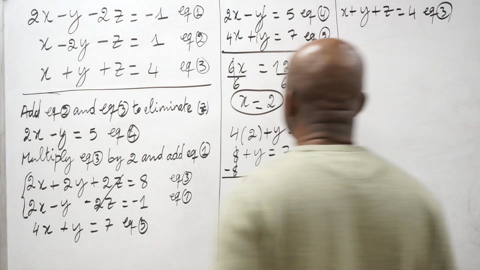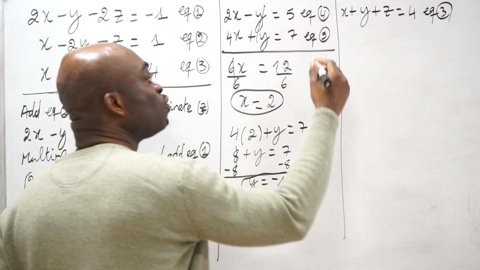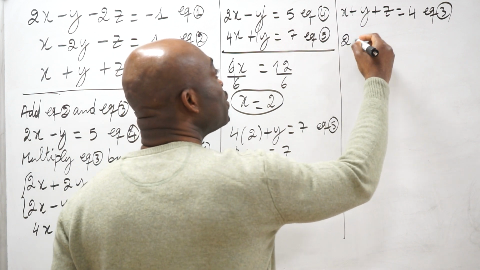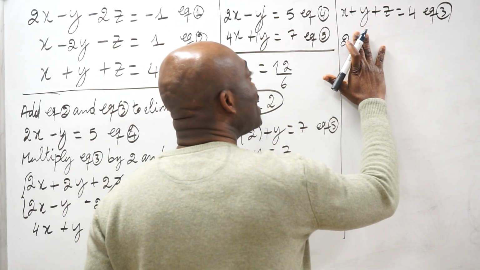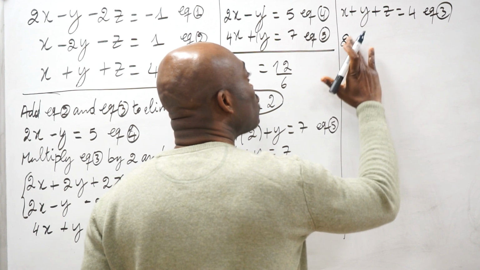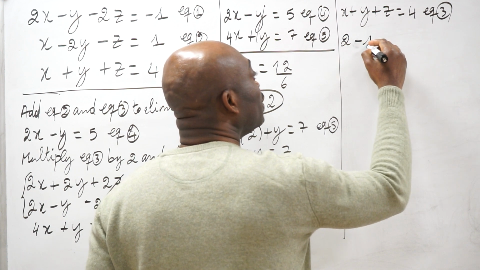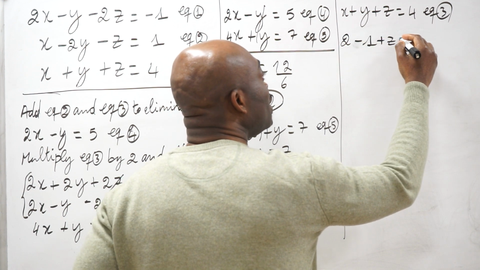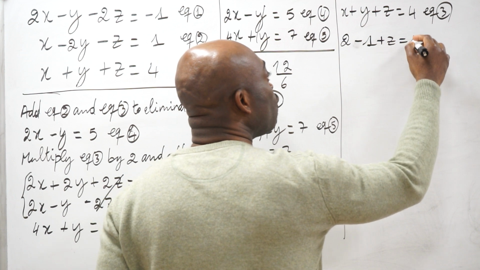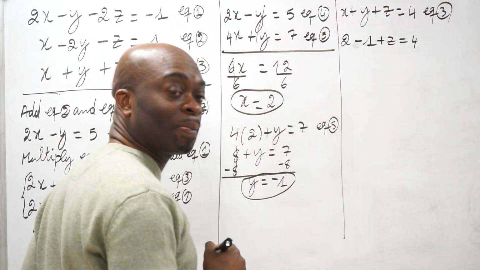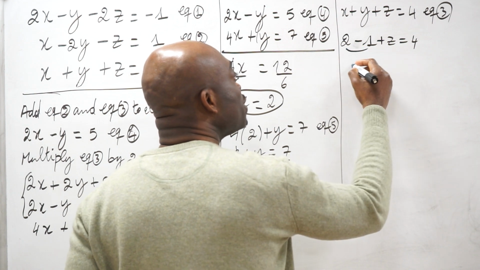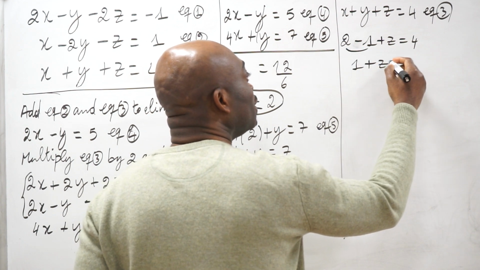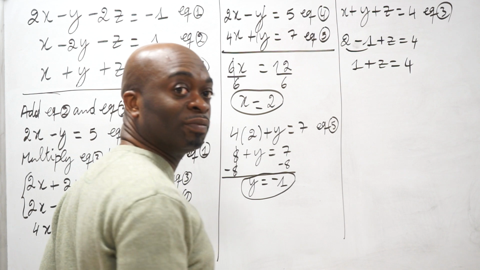Okay? So what does that translate to? X is what? Is 2. So I substitute it, plus y, which is what? Negative 1. And because that's negative 1, we can take this one off. Plus z equals what? Equals 4. Okay? So that means we're going to combine 2 minus 1, which is 1, plus z equals 4.